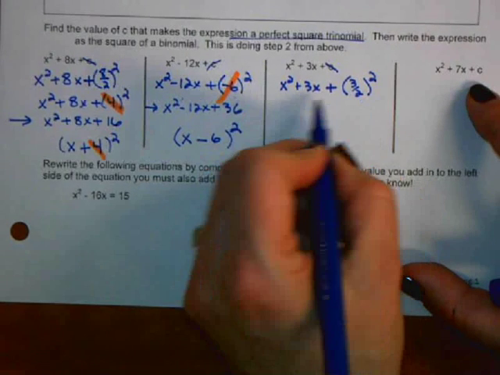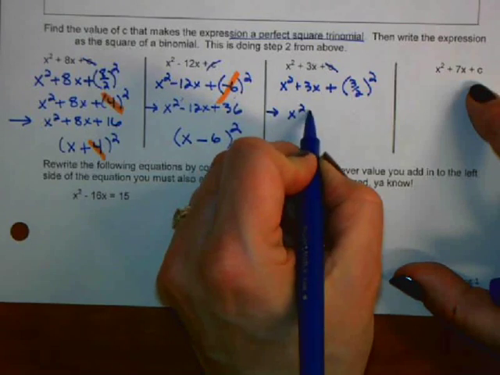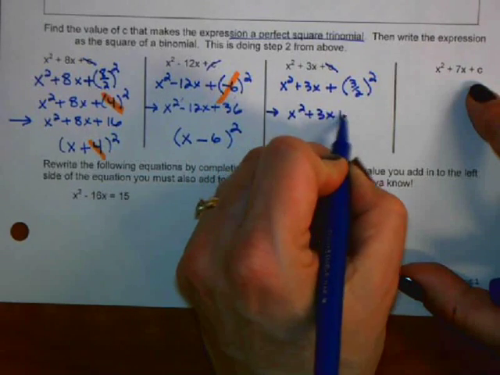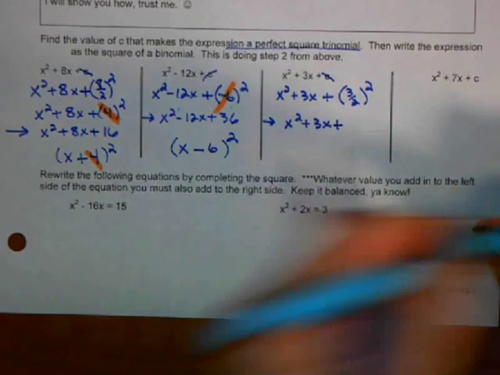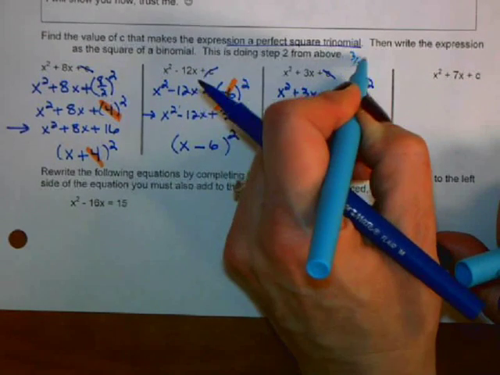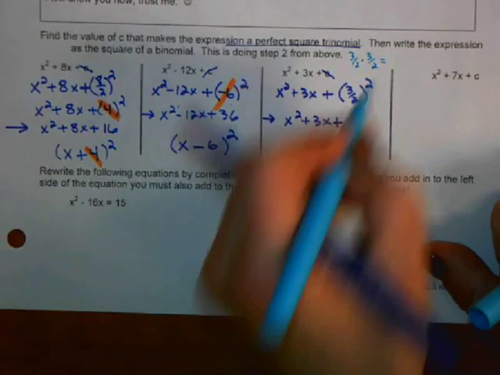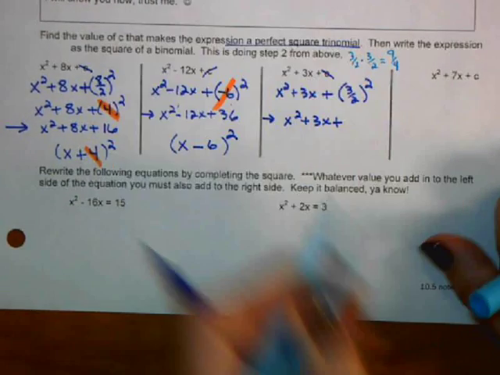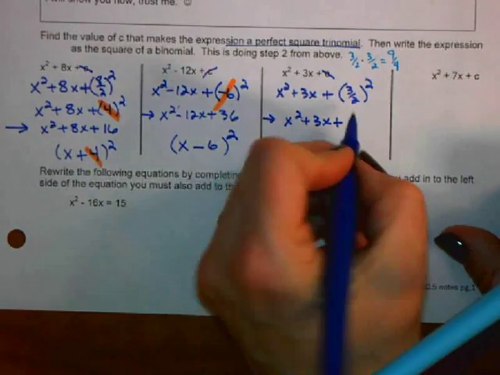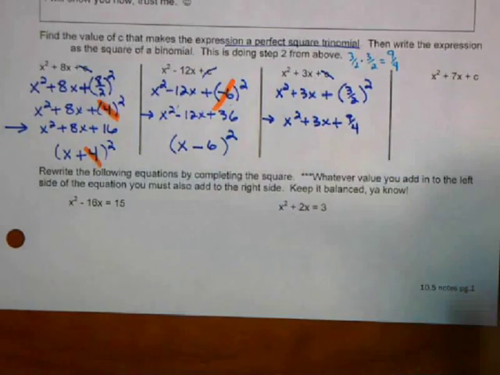All right, now I got to write it as a perfect square trinomial. So x squared plus 3x plus, what's 3 halves times 3 halves? Equals what? 9/4. So that equals 9/4. There's my perfect square trinomial.